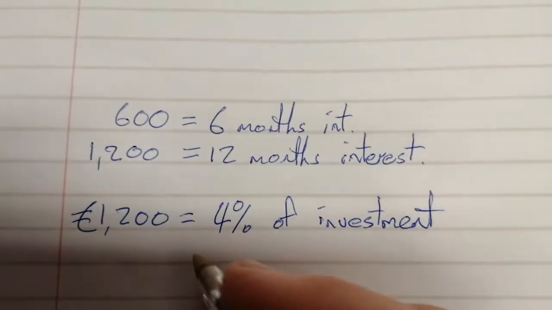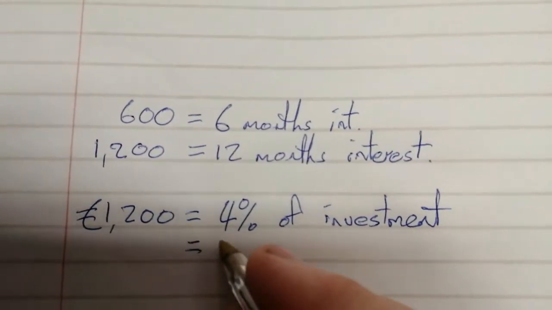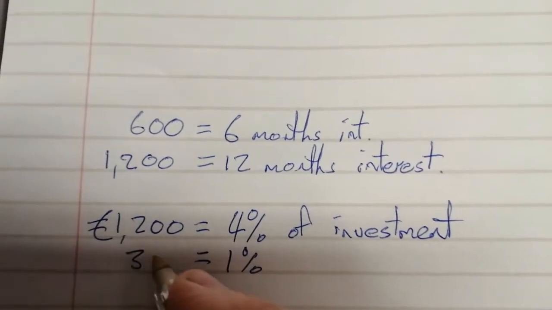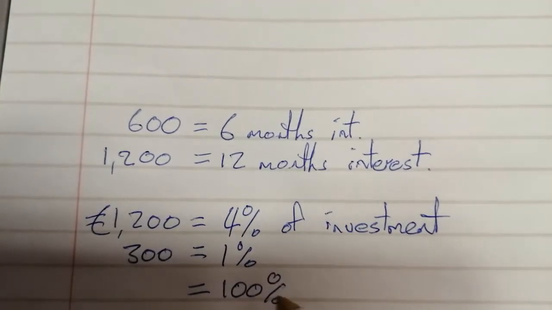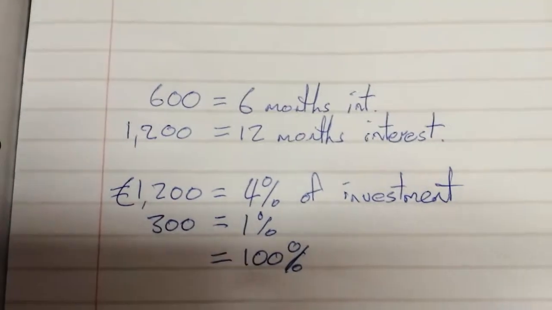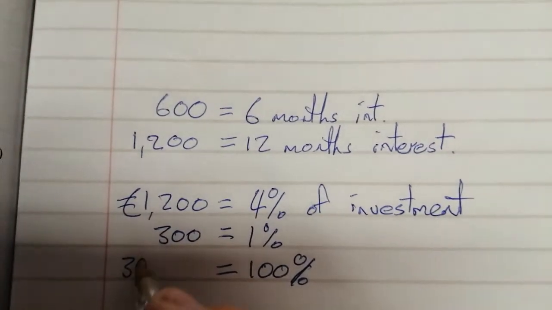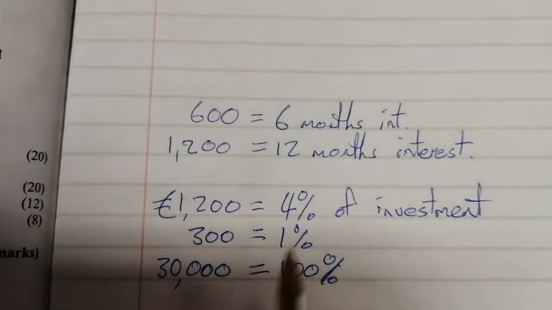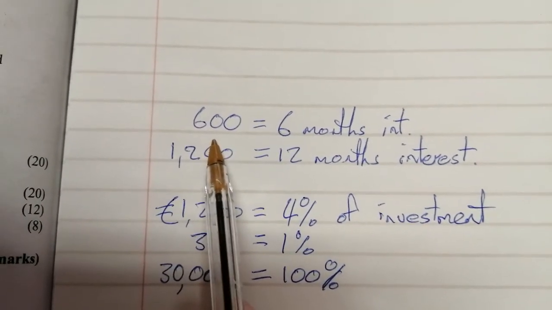Okay, and if that's 4% of the investment, then we can work out what 1% of the investment is by dividing by 4. And we can work out what 100% of the investment is, or the amount that you lodged in this investment bond, or, for simplicity, put in a deposit account, is 100 times that. 30,000 is the amount you paid for that investment bond to allow you to earn 1,200 a year, or 600 in half a year.